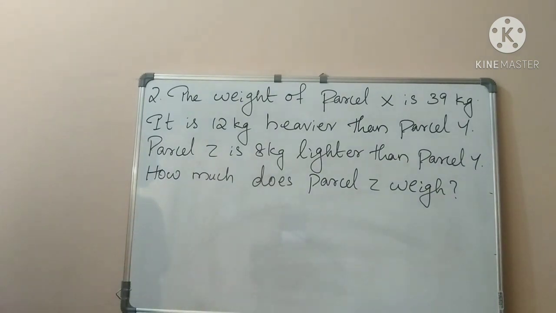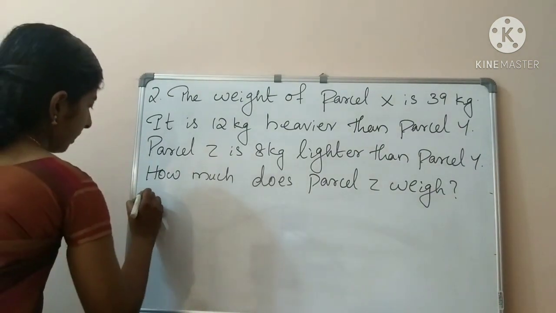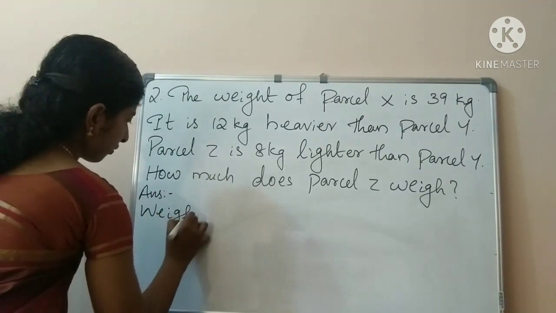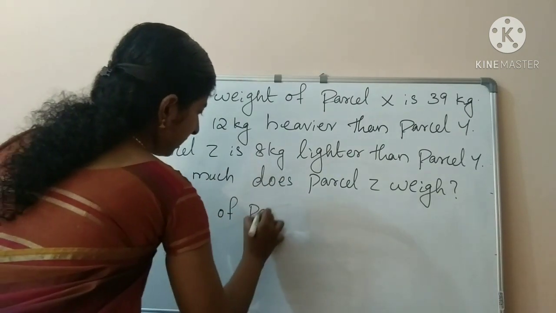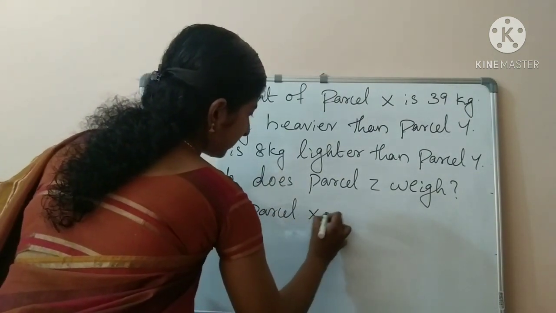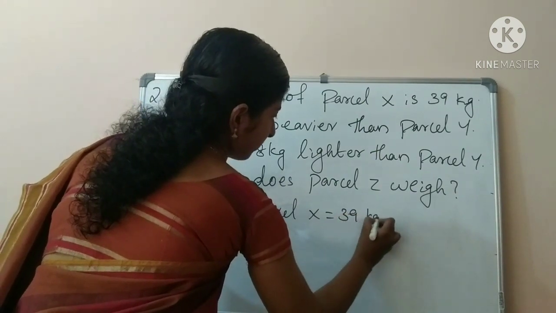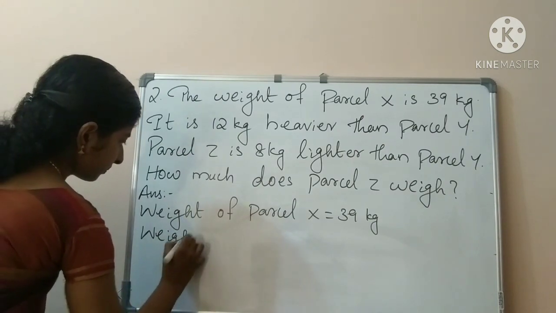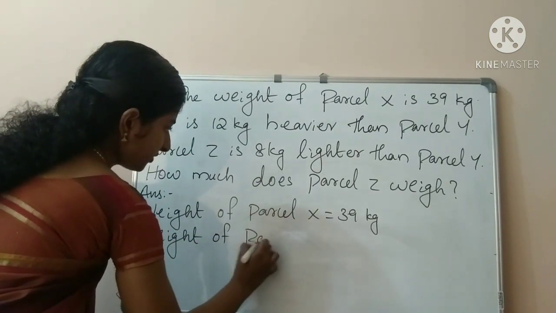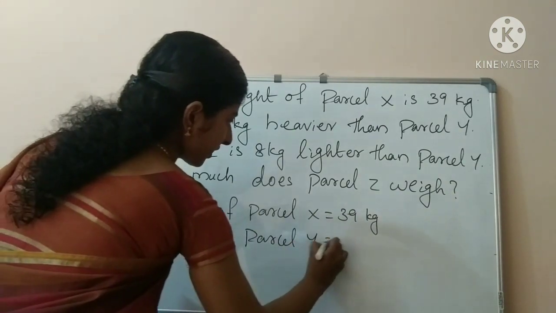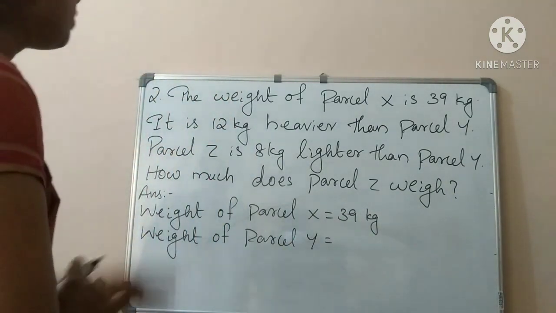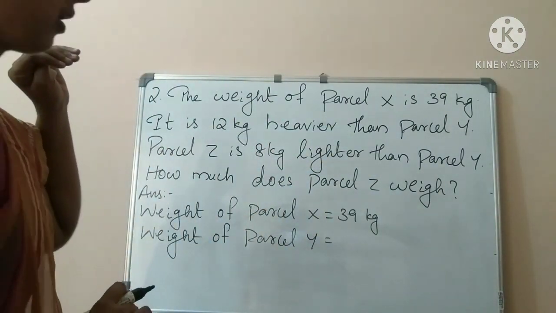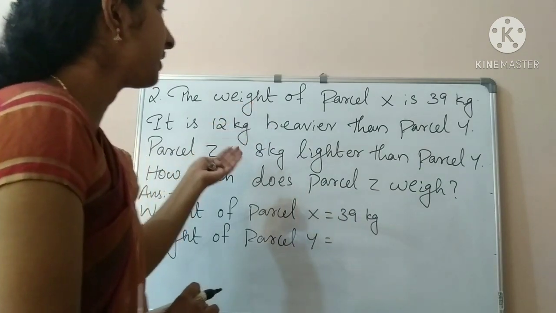Yes, weight of parcel X is equal to 39 kilogram. Then next one, weight of parcel Y. It is 12 kilogram heavier.